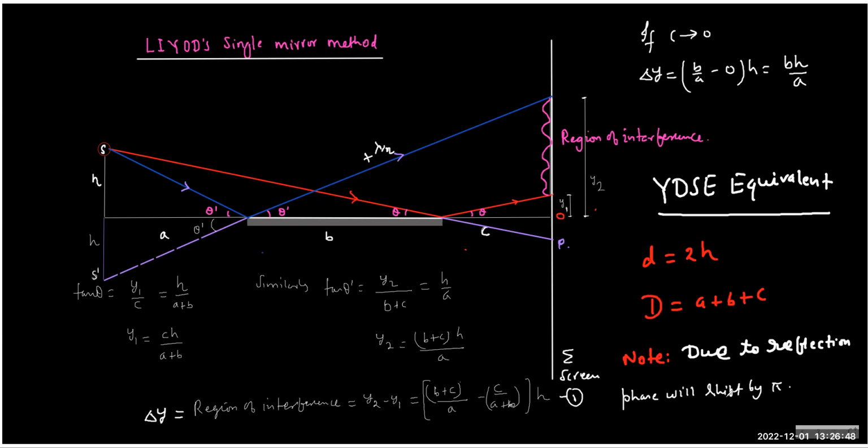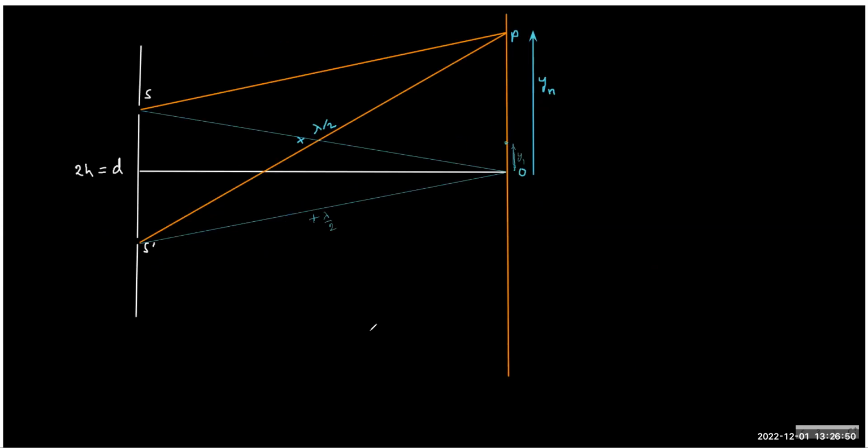But nevertheless, let's talk about the process, how we solve the question. So we write the optical path difference, delta X. The geometrical path difference is how much? S dash P minus SP. Yes.